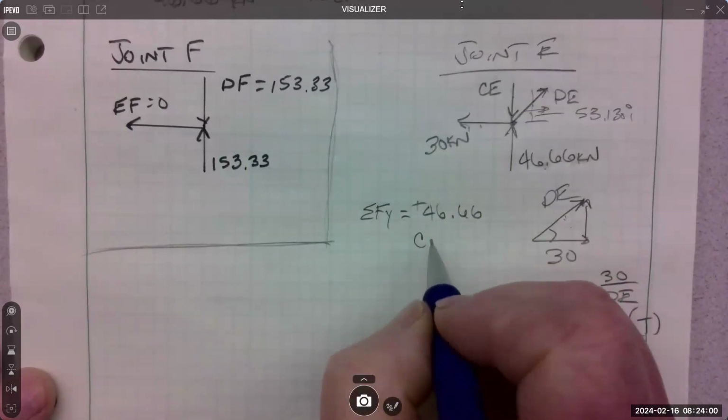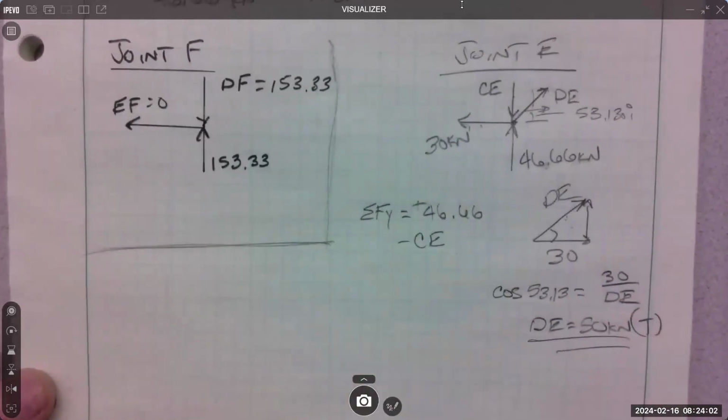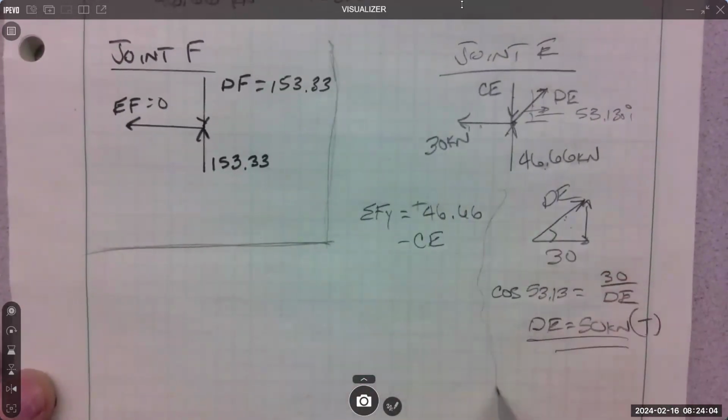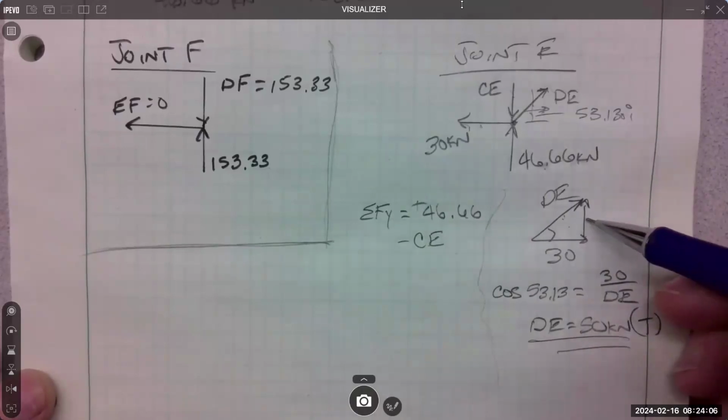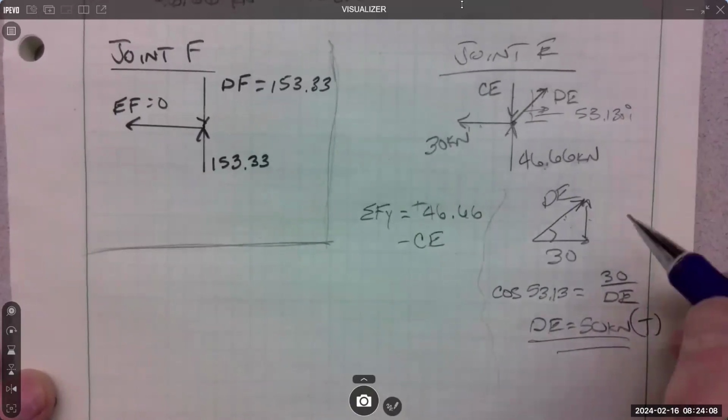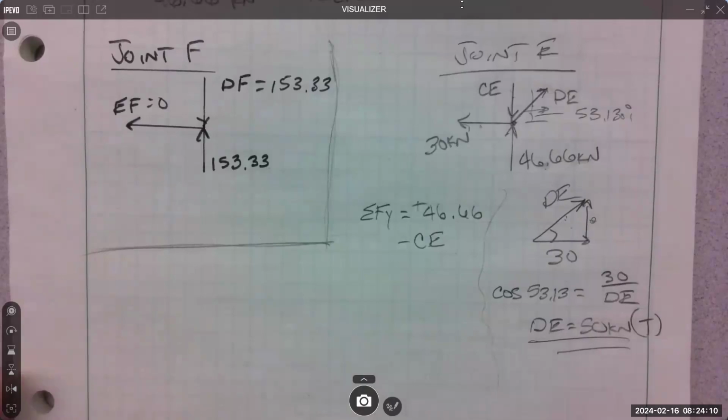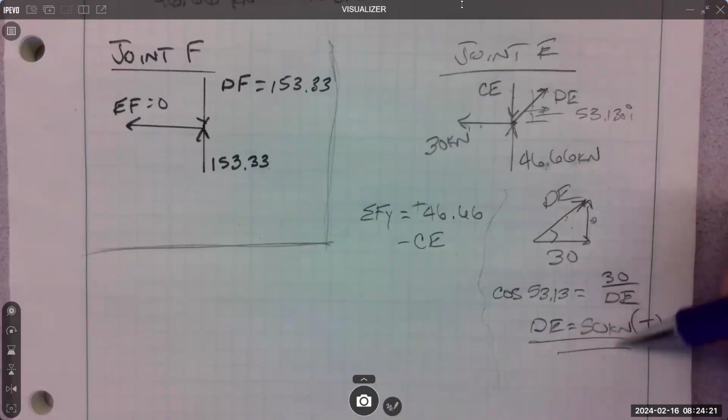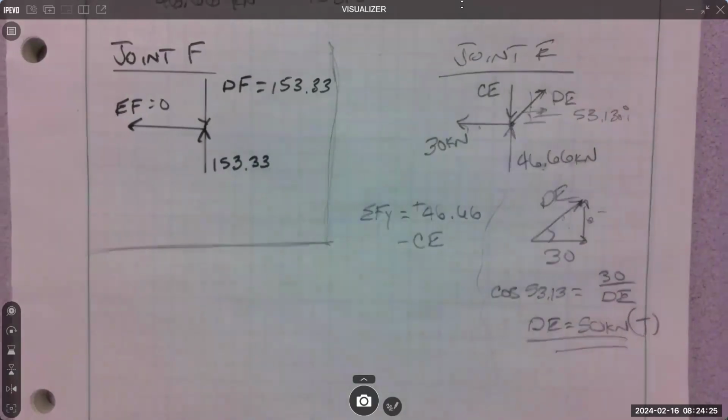I'm going to have CE coming down. Then I'm going to have that component going up right here. So I could find that component, or you could just write the component in terms of DE, however you want to do it, because we know DE is 50 kilonewtons. I'd probably just find this component.